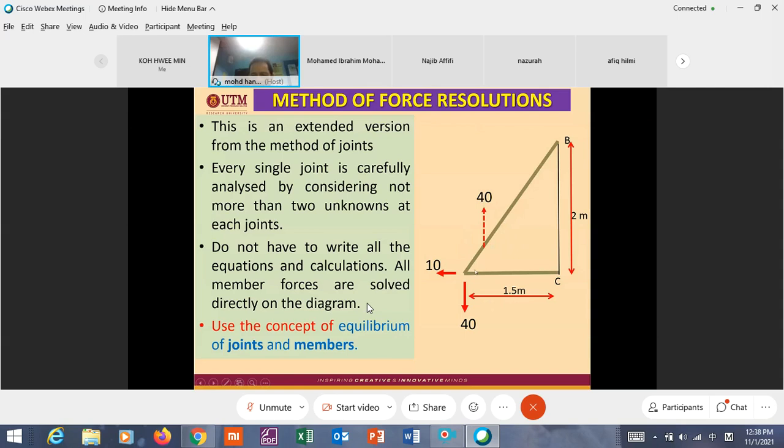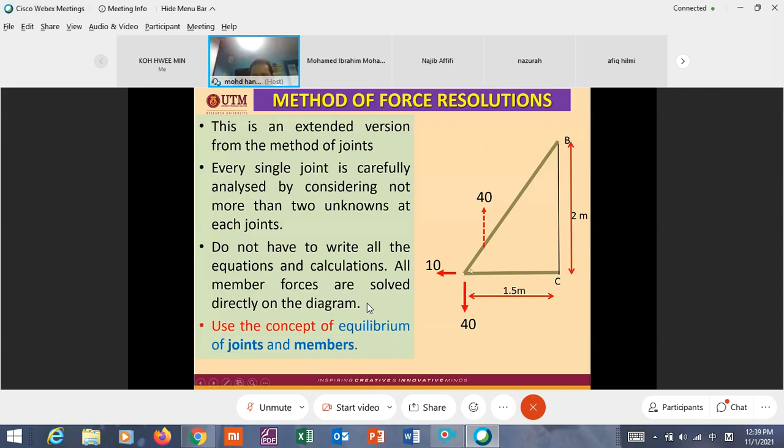This other member cannot, because it has no vertical component. Only one member on this side, so the direction of the arrowhead should be opposite to the 40. Now check: is there any other external force? No, only 40.